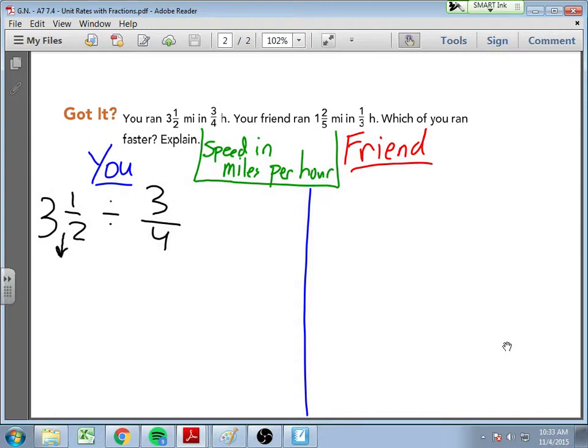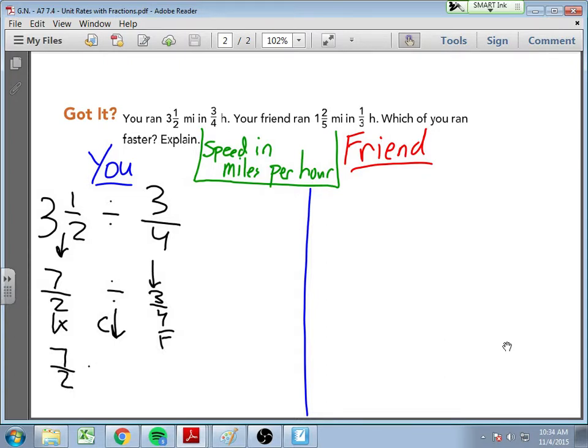So we take your miles, your 7 hours, divide by your hours, equals, but then we take a fraction of that fraction. Keep, change, flip for the multiplication. I can cross reduce, and my 4 and my 2 both share a factor of 2, so I divide them both by 2.